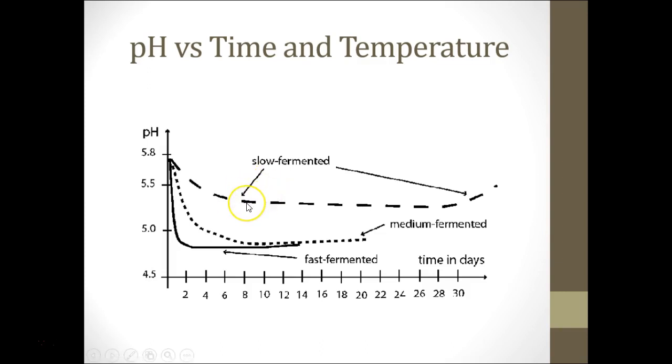It's going to level out probably at about 8 hours and not drop a whole bunch over the next few days. Medium fermented sausage is going to decrease in pH at a little bit faster rate, kind of bottoming off around 8 hours, but it decreases in pH a little bit quicker. Our fast fermented sausages are going to drop in pH relatively quickly and become more consistent between hour 2 and 3.